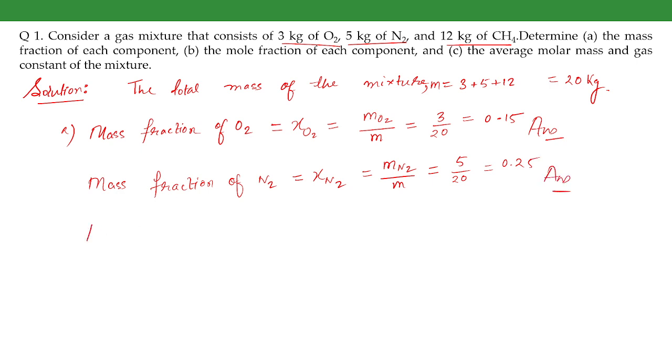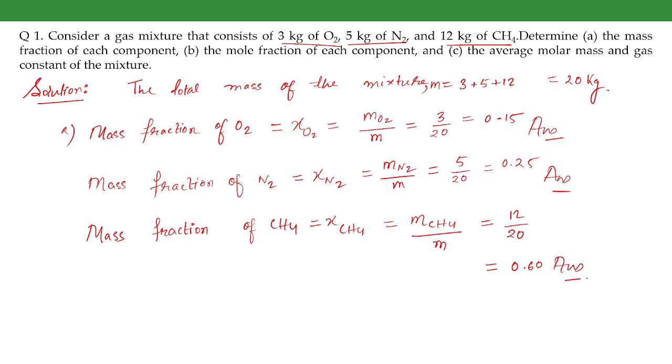And the mass fraction of methane, CH4, is the mass of CH4 by the total mass of the mixture. So this is 12 by 20, which is 0.60. So these are the mass fractions.